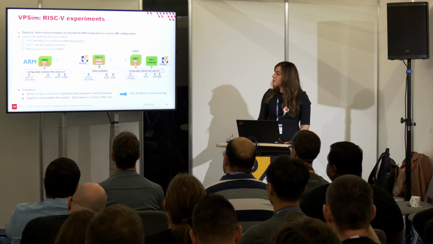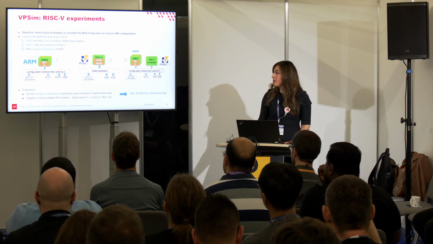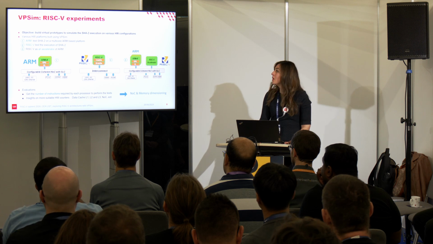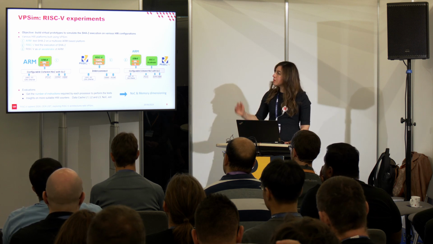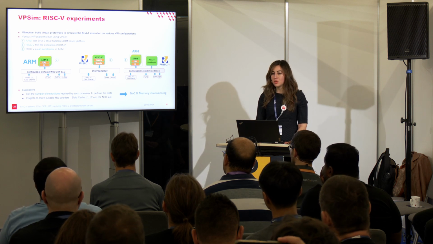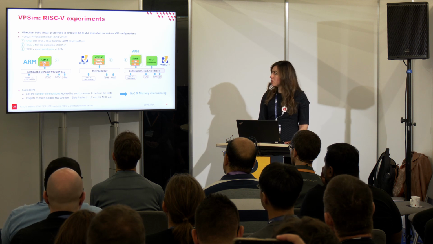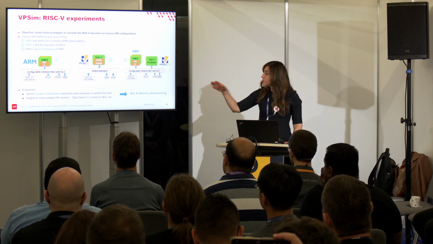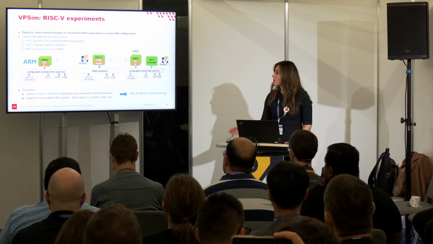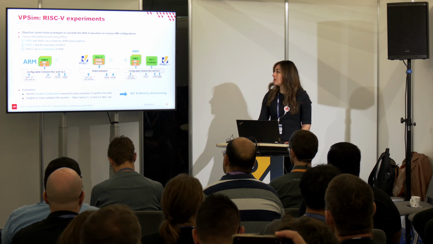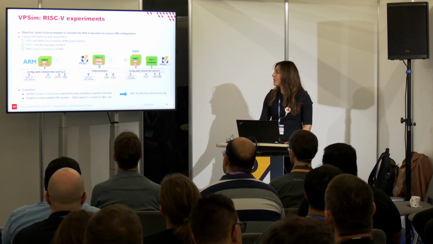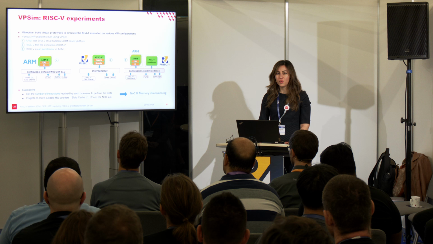Here is a small example of a study we performed recently for automotive use cases. The objective was to build a virtual prototype to simulate a security application on various hardware configurations. We tested 3 different ones. The first one on the left is based on a quad-core ARM V8. The second one is a RISC V core.